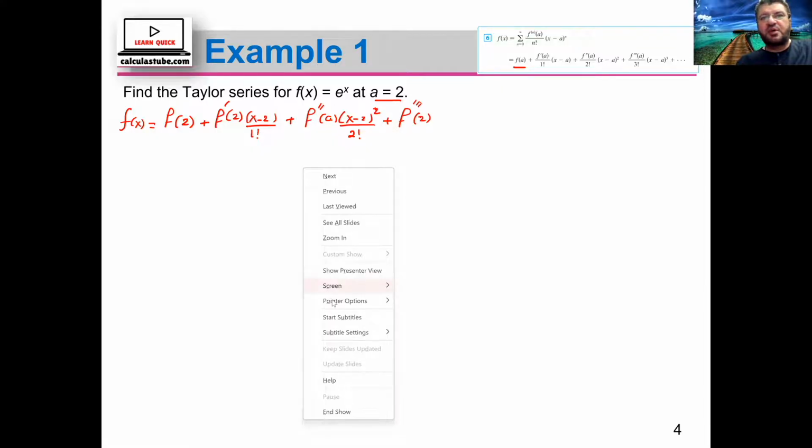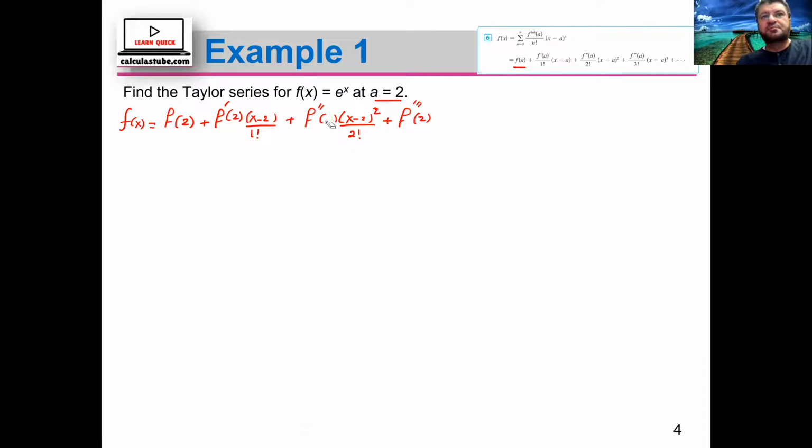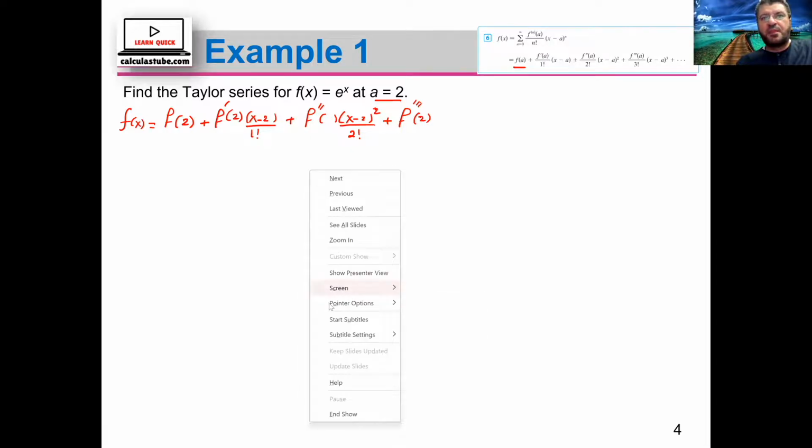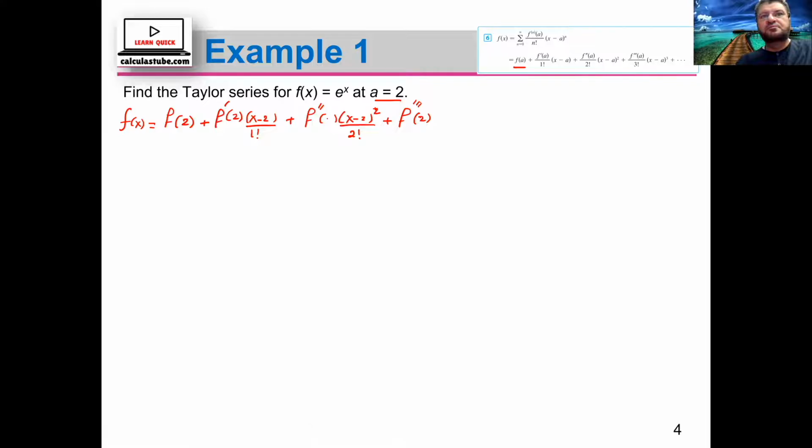We have to change that one to 2. Then (x minus 2) cubed over 3 factorial plus f4, the fourth derivative, at 2 times (x minus 2) to the power 4 over 4 factorial plus that.